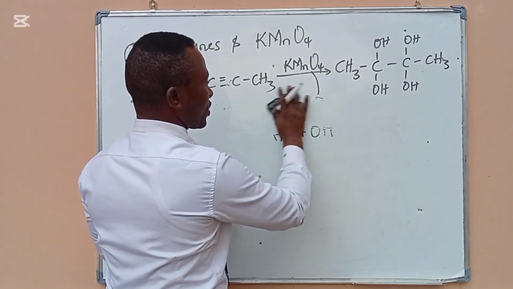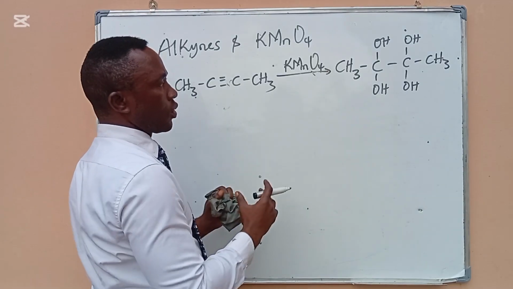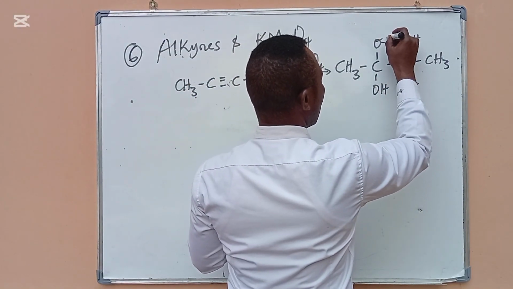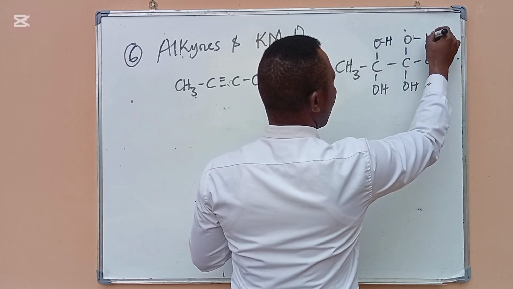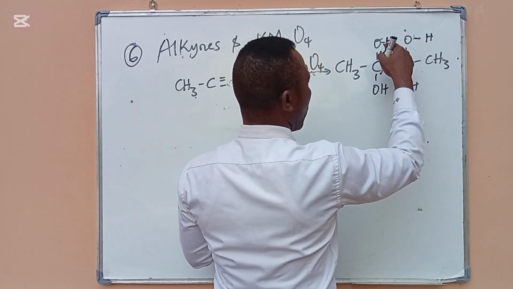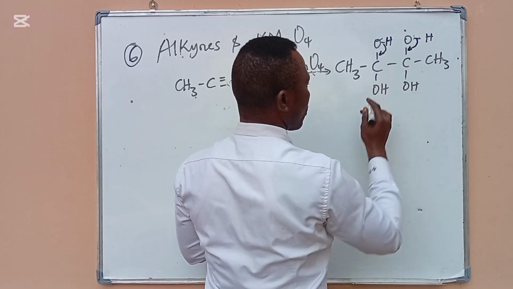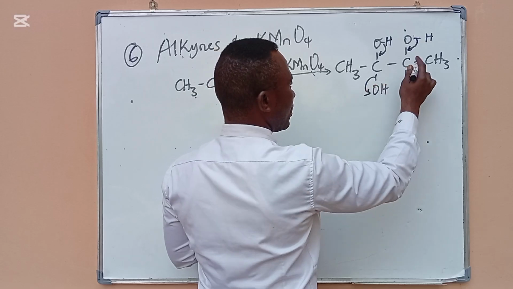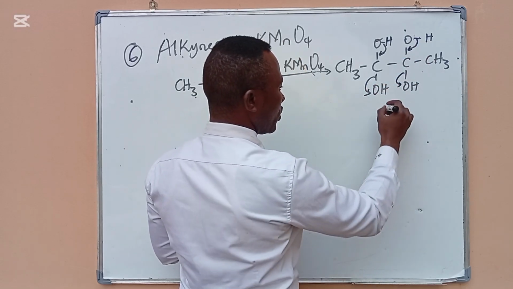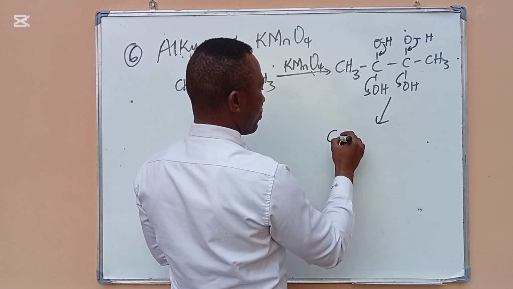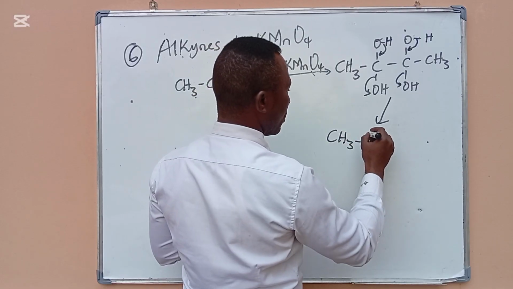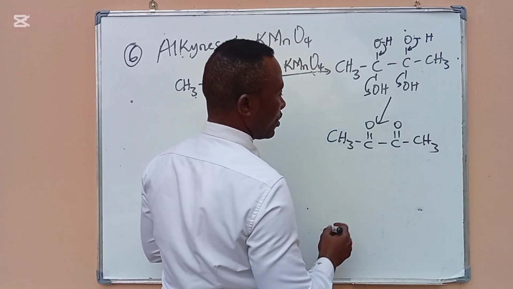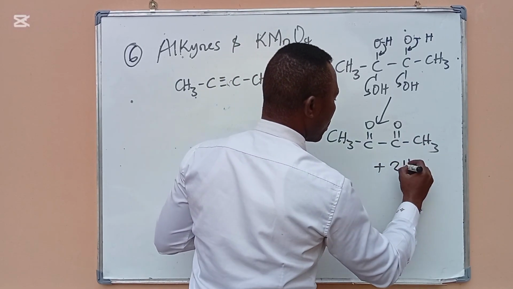Then this product that is formed, there can be rearrangement of atoms. This is H and this is H. The hydrogen bond here can come here, while the bond of this one can also come here. When the hydrogen bond comes here, OH will leave, and here OH will also leave, so that the final compound we'll have is CH3, C double bond O, C double bond O, CH3, plus 2H2O.